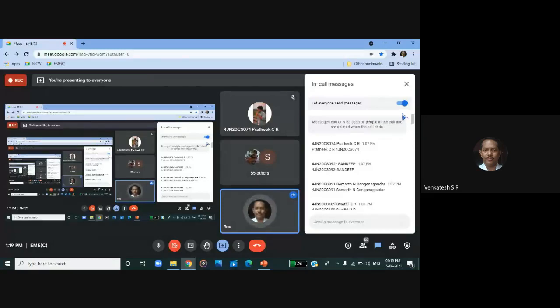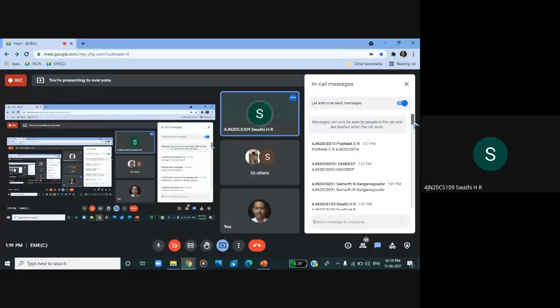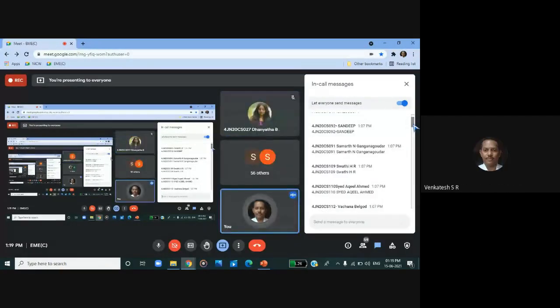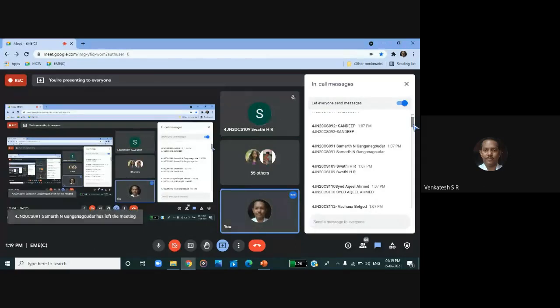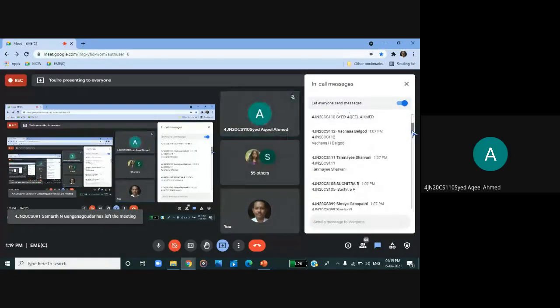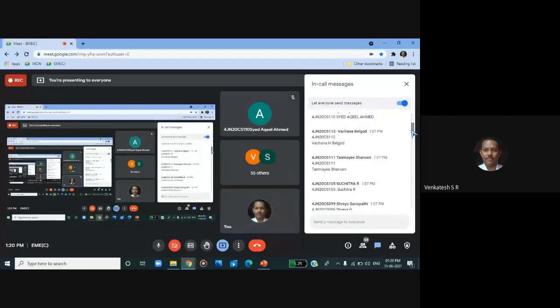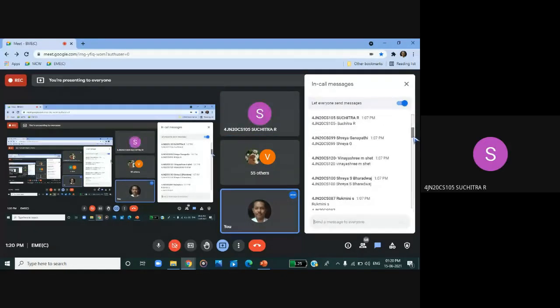Sandeep. Samar. Swati. Present, sir. Syed. Present, sir. Vachan Belgod. Present, sir. Tanmay. Present, sir. Chitra. Present, sir. Shreya Ganapati. Present, sir.